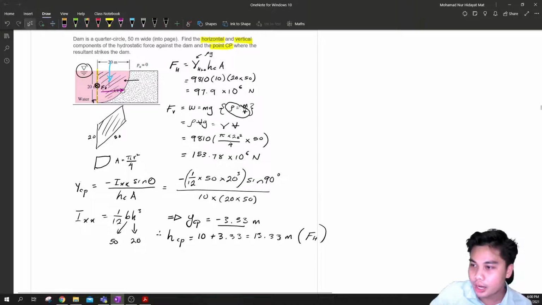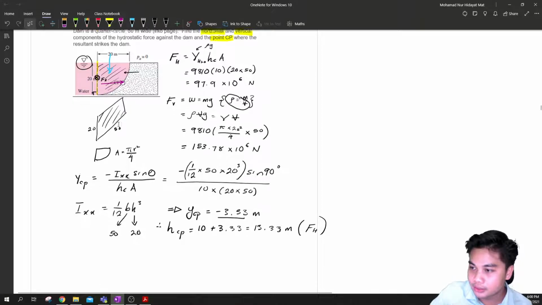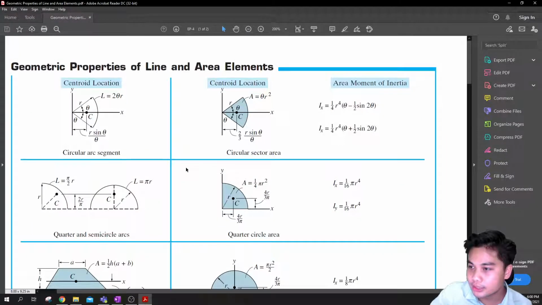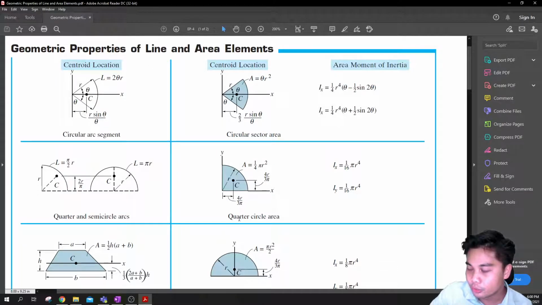Okay, so how to get this centroid of the quarter circle? Refer to this table, the geometric properties of line and area elements. You look at the quarter circle and you realize that in order to find the centroid where the force will act, it is 4 over 3 r over pi.